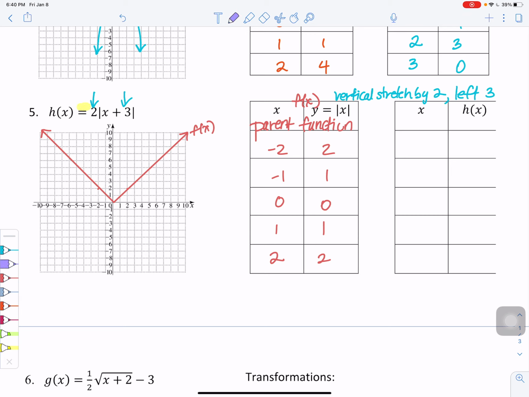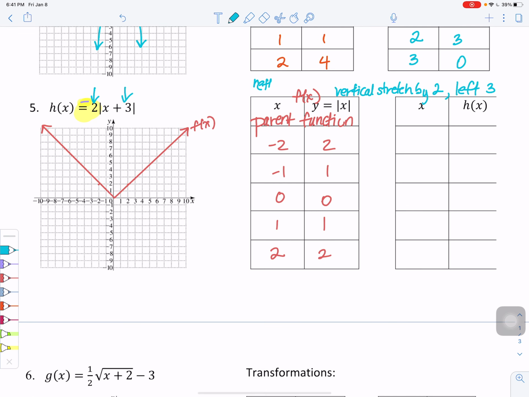I think I want to put a negative in front of this 2. So I'm going to make a vertical stretch by negative 2. So hopefully you're seeing me and hearing me do that. So I want to make sure you see that. So vertical stretch by negative 2, we probably need to change that. It's a vertical stretch by 2, and we will reflect across the x-axis first.